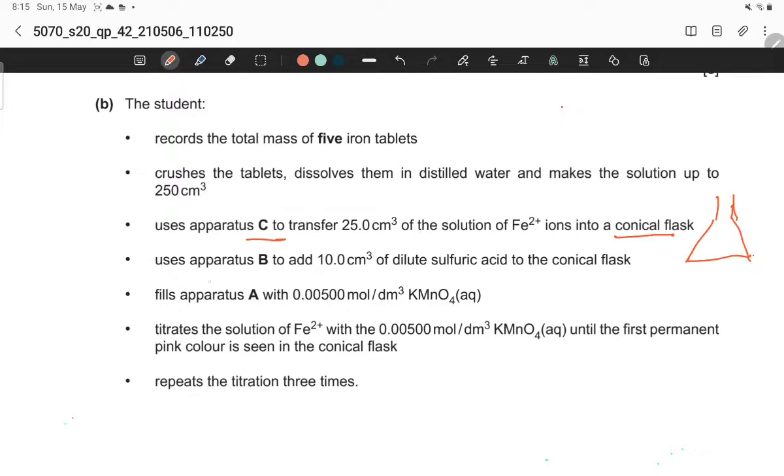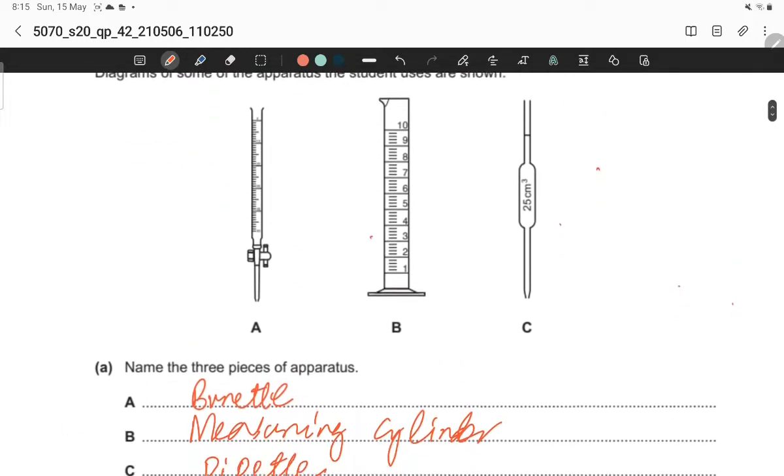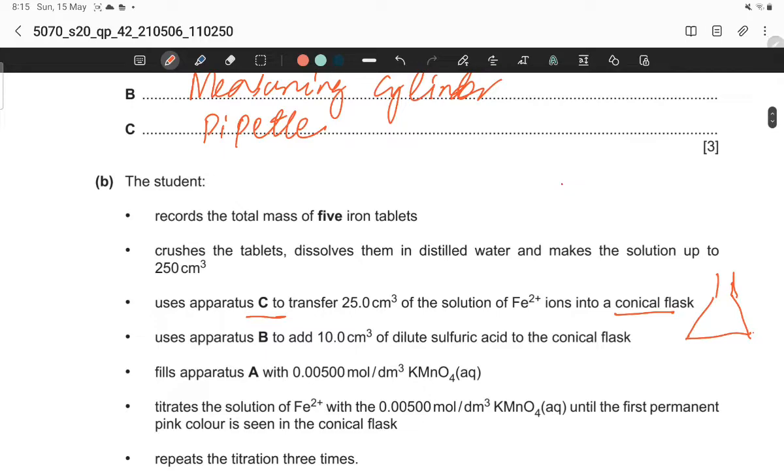Uses apparatus B, the measuring cylinder, to add 10 cm cube of dilute sulfuric acid to the conical flask. Fills apparatus A with 0.00500 mol per dm cube KMnO4 aqueous.